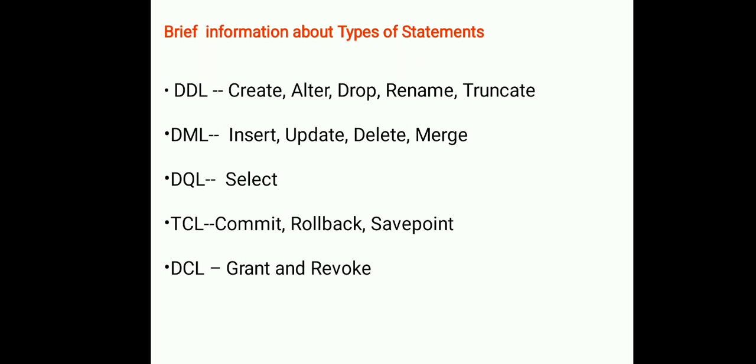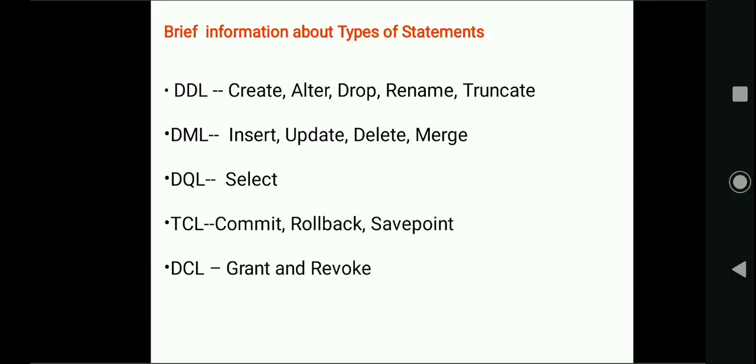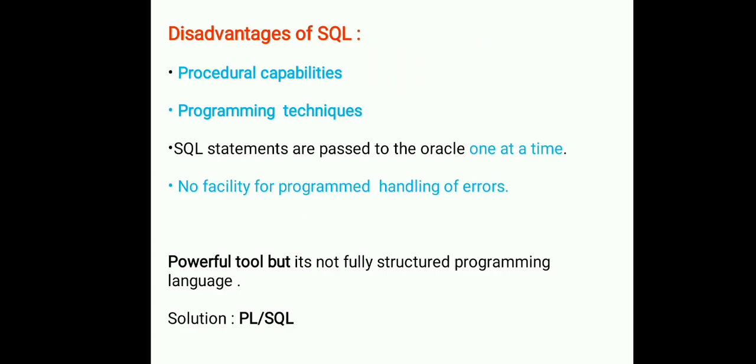The third is DQL, that is data query language, in which the select command is included. Then commit, rollback, and savepoints. These commands are included in transaction control language. And DCL means data control language, which includes grant and revoke of permissions. So this is the brief about the types of statements which are used in SQL.